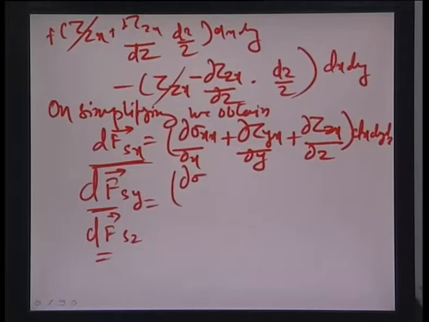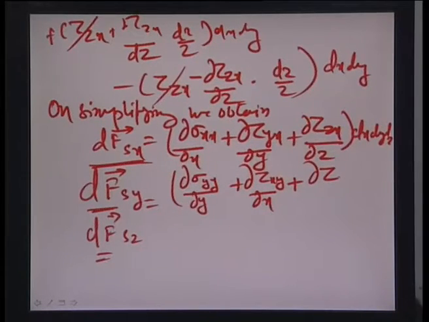So, in the y direction it should be del sigma yy by del y, plus del tau xy by del x plus del tau zy by del z, times again dy dx dz, and similarly you have the other component here. It is really like a stress matrix.